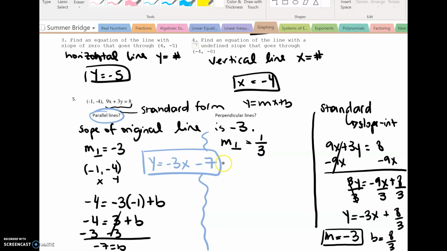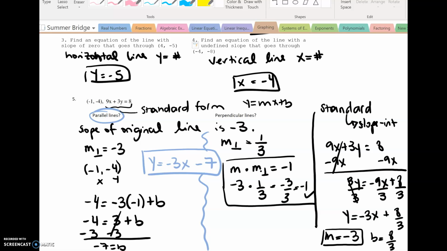Now let's do a small check to see if my original slope times my perpendicular slope gives us negative 1. Well, my original slope is negative 3, my new slope is positive 1/3, which gives us negative 3 over 3, which simplifies to negative 1. So that does work, and we just proved that it works.